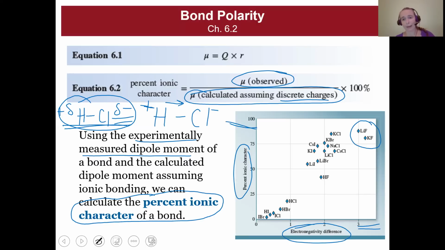So they're very ionic. Whereas when we look at these smaller ones down here, like HI, HBr, HCl even, there's a smaller difference in electronegativity, like I said on the previous slide. So there's a smaller percent ionic character. They're less ionic. They're more covalent, which makes them polar covalent bonds.